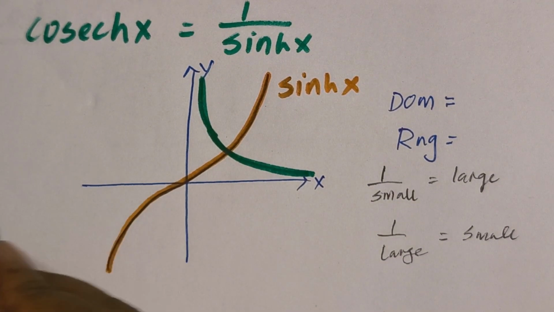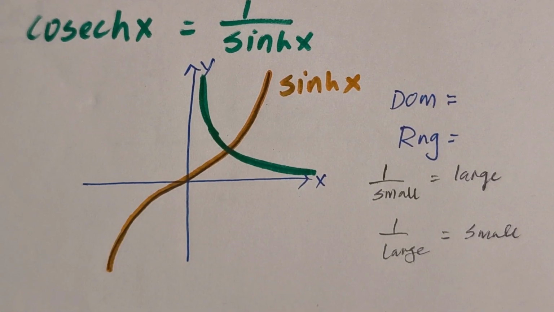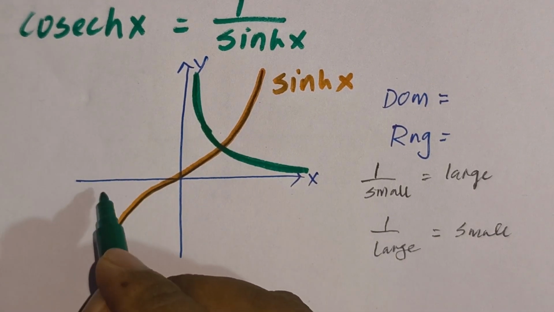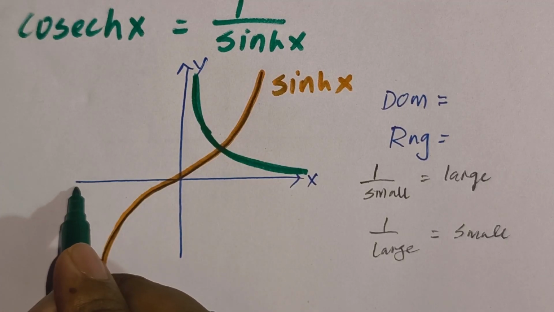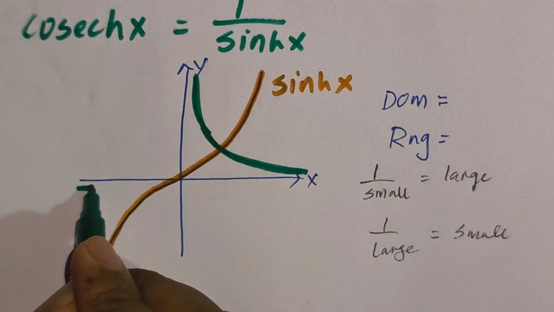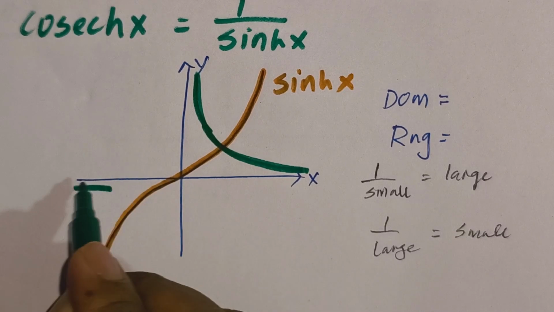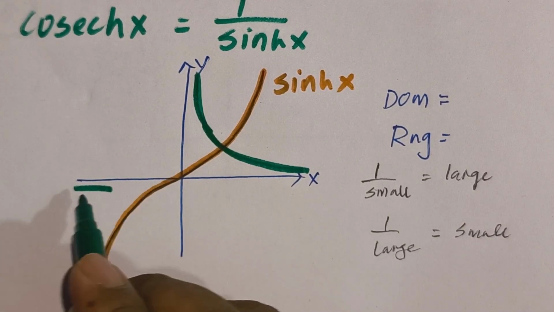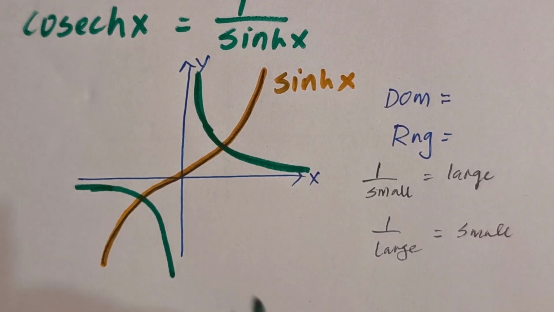Also for negative x, for minus x, what we have: when x gets larger negative, the heights are very large but negative, so its reciprocal will go towards 0 but on the negative side, and when you go closer to the origin, the heights are smaller negative values, they go to 0, so it will be large when you take the reciprocal.